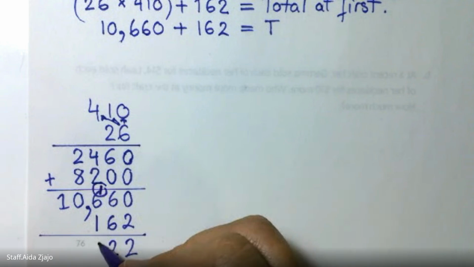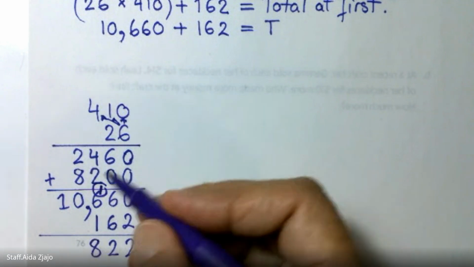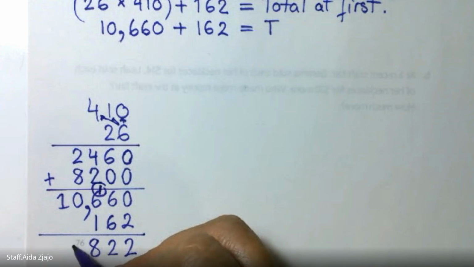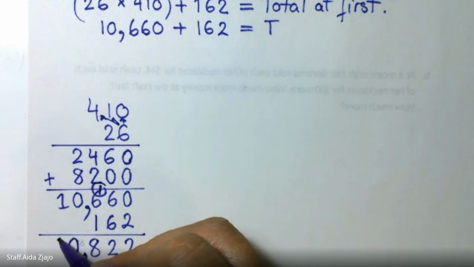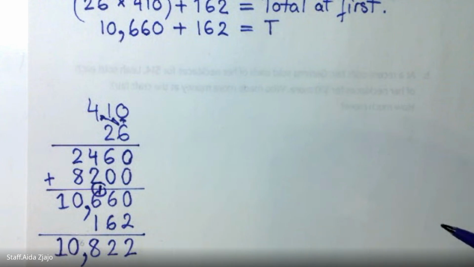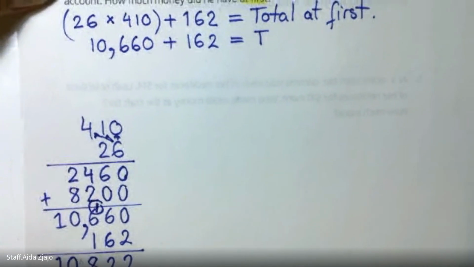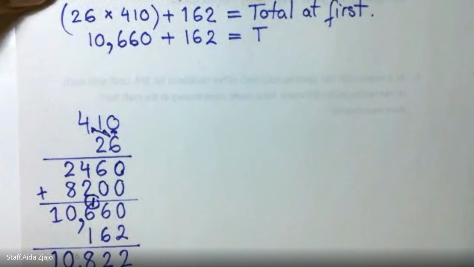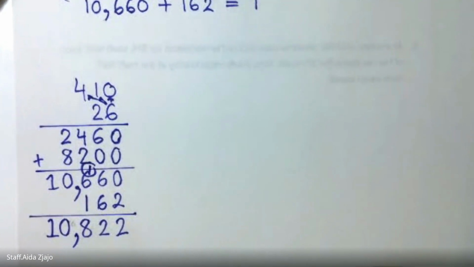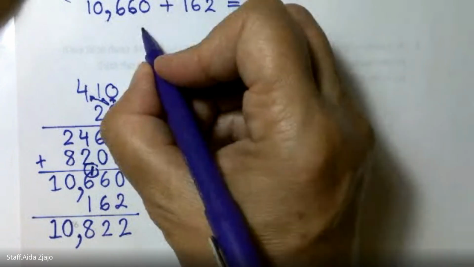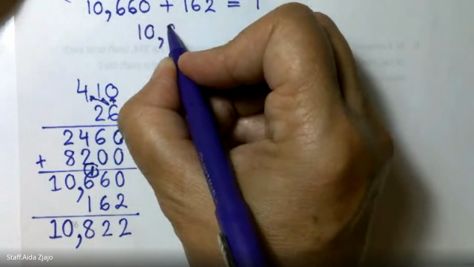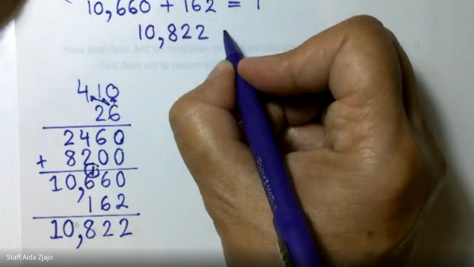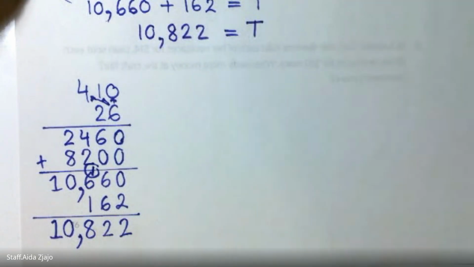So 6 and 2 is 8, comma, 0, 1. 10,822 was how much money he had at first in his bank. So this was 10,822 equals T for total.